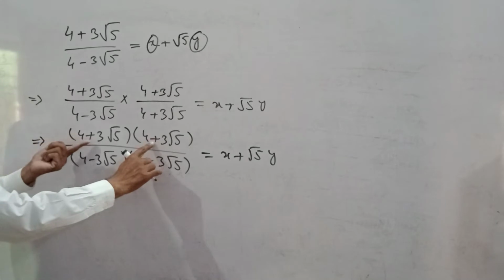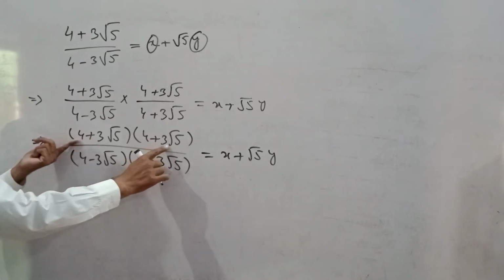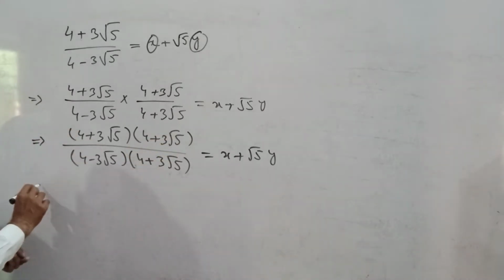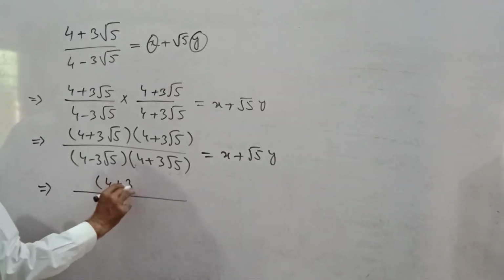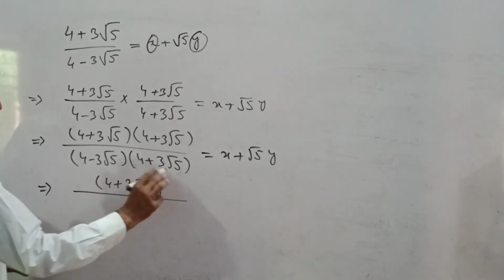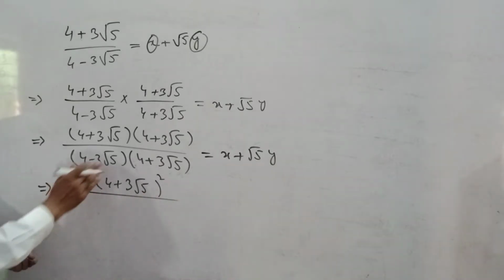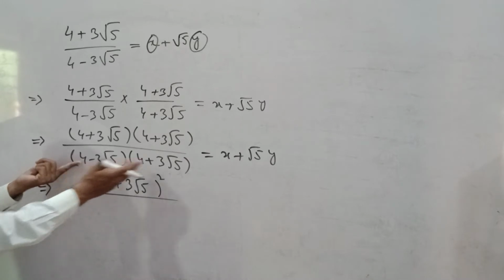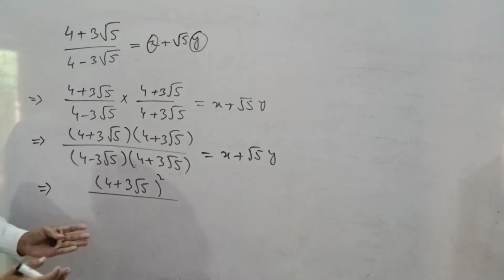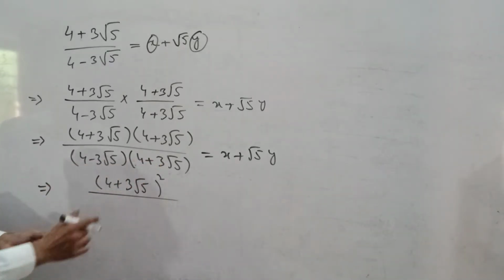These have the same sign and the same value, so the powers will be added. 4 plus 3 square root 5 we can write here. And the denominator contains values that are the same but have opposite signs.